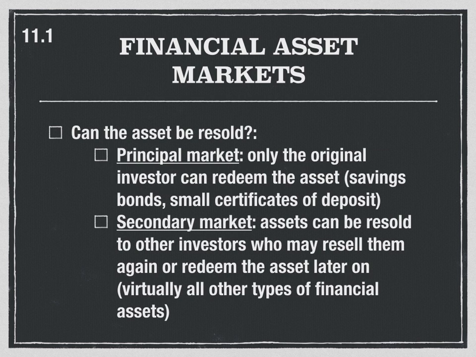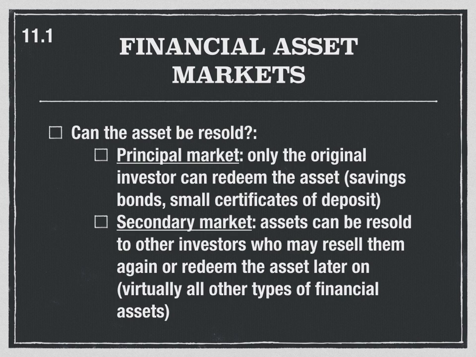If the asset can be resold or not, that determines whether you're in a principal market or a secondary market. Principal market is where only the original investor can redeem the asset. Savings bonds are one of those things. Small certificates of deposit are typically in principal markets because there's not enough time for the original depositor to resell that to anyone.